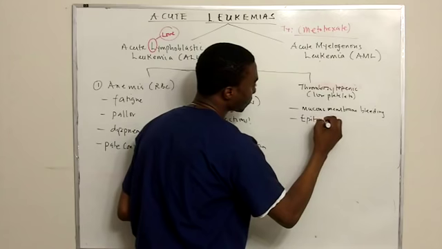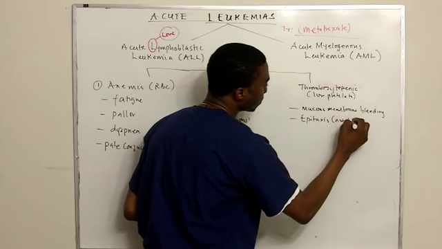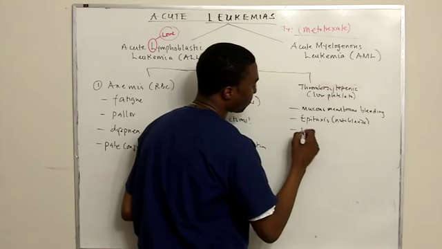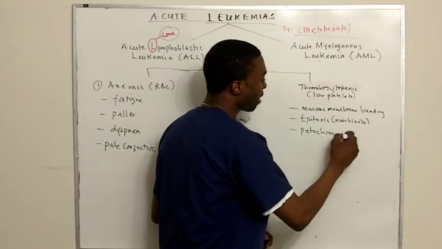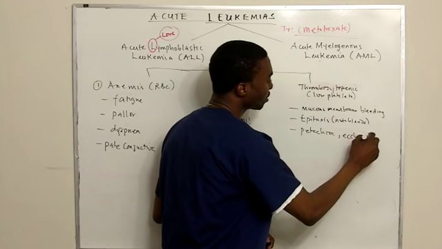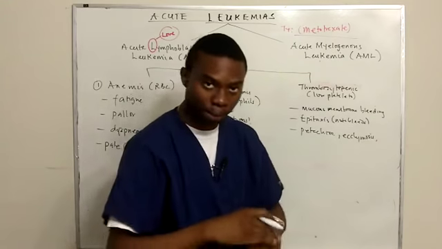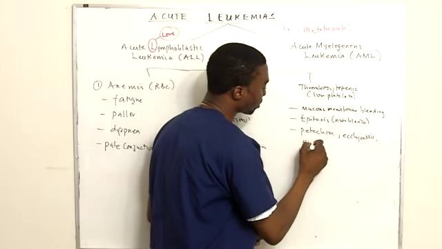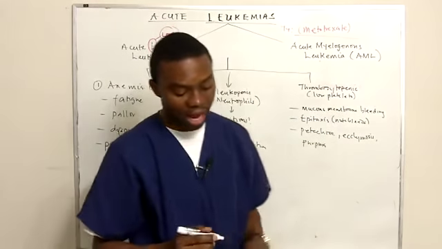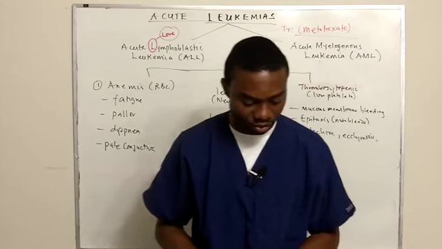Epistaxis, which is also known as nosebleeds. They might have petechiae, which are dot-like hemorrhages on the skin. They can have ecchymosis, which is a fancy word for a bruise under the skin. And they can have purpura, which is also a sign of low platelet counts.